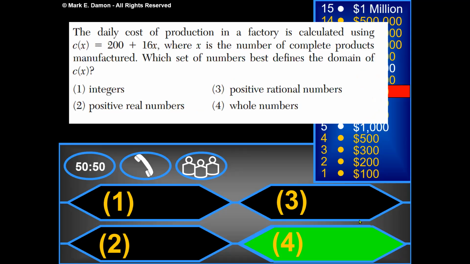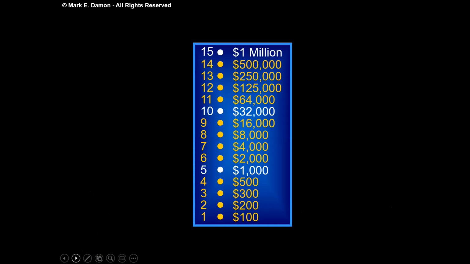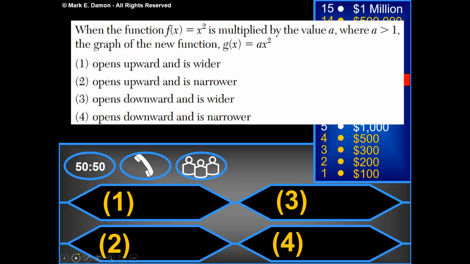All right, let me put my line divider here. We're on to our next question, worth 16,000 points. Let's go. All right, got some answers coming in.